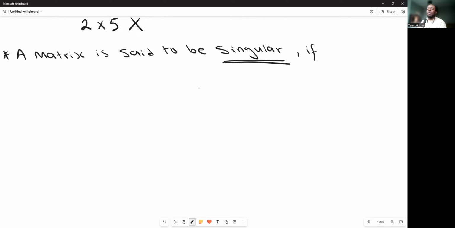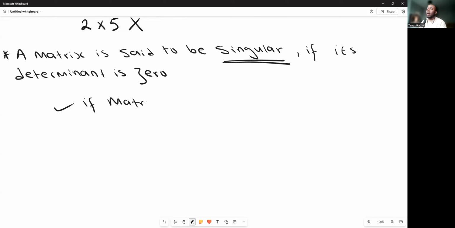So for instance, if we have matrix A, and we found the determinant of this matrix to be equal to 0, when we solve, I'm going to show you how to do that, then we can now say matrix A is what? Singular matrix.